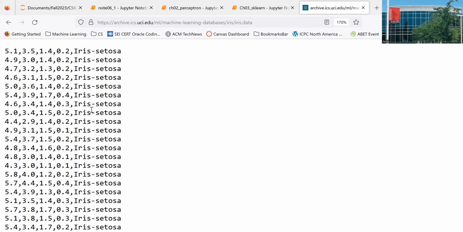You keep updating W until you are in this area. So that's the whole point.